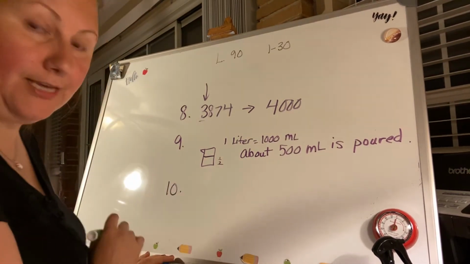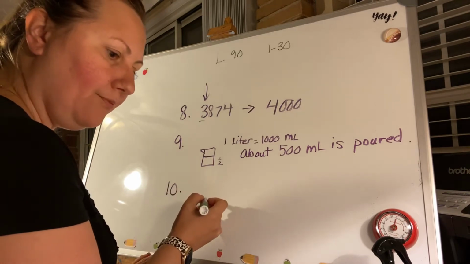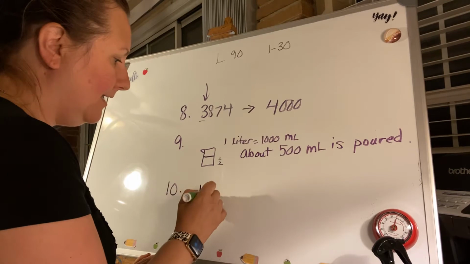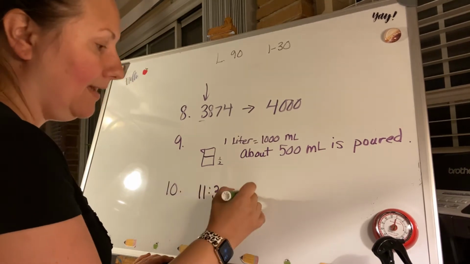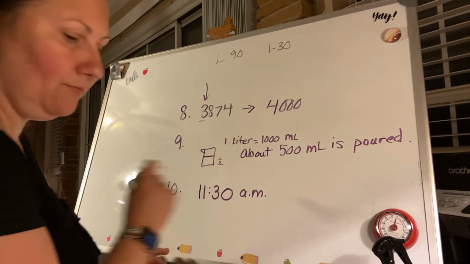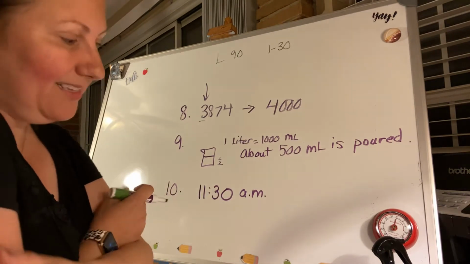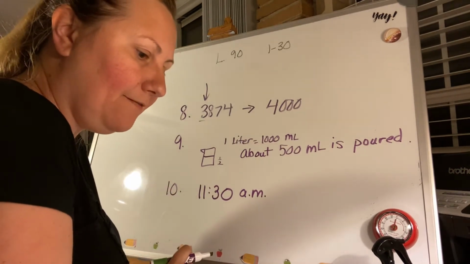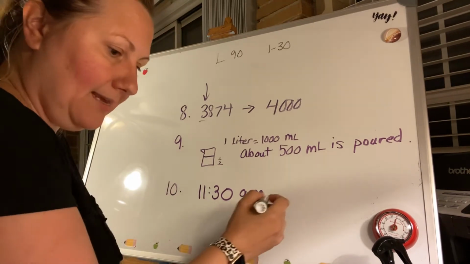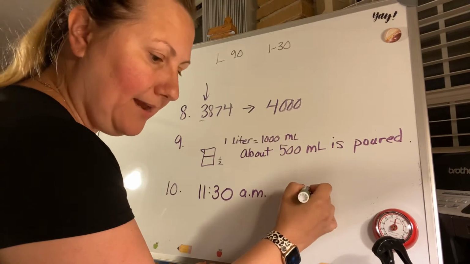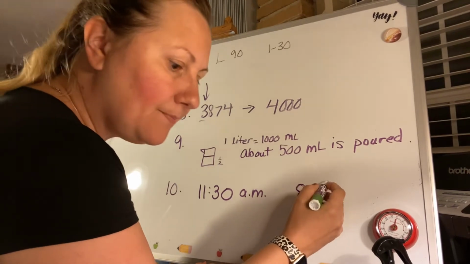So for number 10, we start off with, it looks like the start time is 11:30. And that would be a.m. because it was 11:30 and daylight, that's a.m. And then finally, we are ending this at, it looks like it's past 8, but not to 9 yet, 8:40.